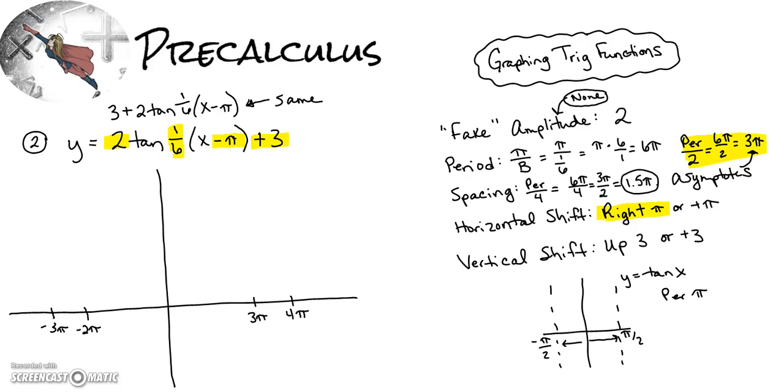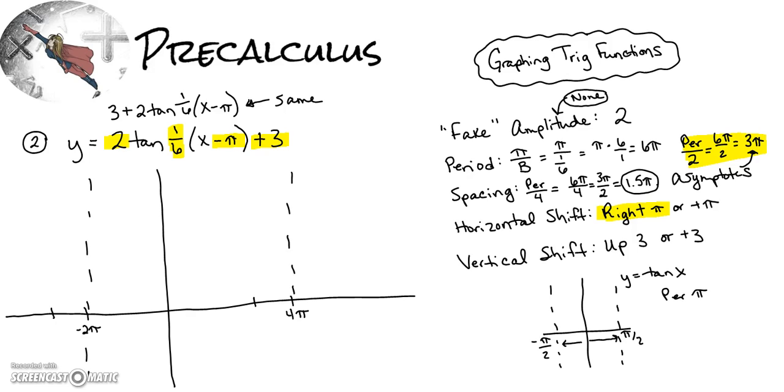And I'm just going to erase these other two. Oops. Let's get that back in there. And I'll just get rid of this so that it's not confusing. Okay, so those are going to be our asymptotes. So here's this one, and here's this one.